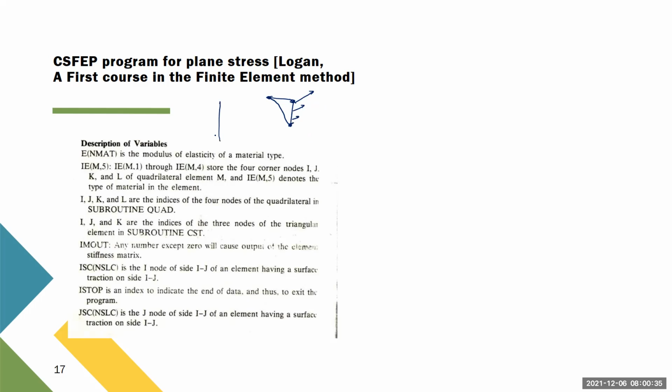Of course, you can see immediately that you have two components. In this case, let's suppose that this is my joint I, this is joint J, and this is joint K in an element. On this side of this element, we have this distributed force, which is force per unit length.